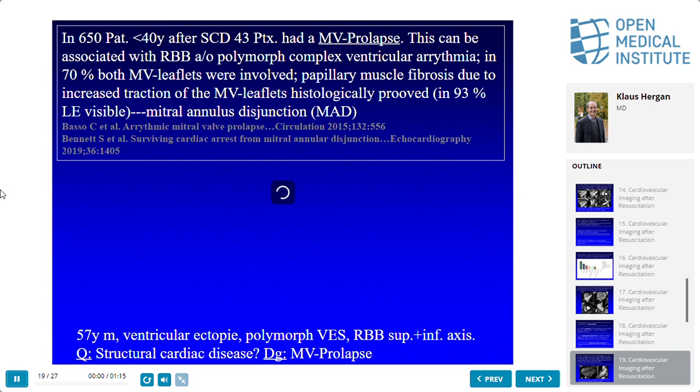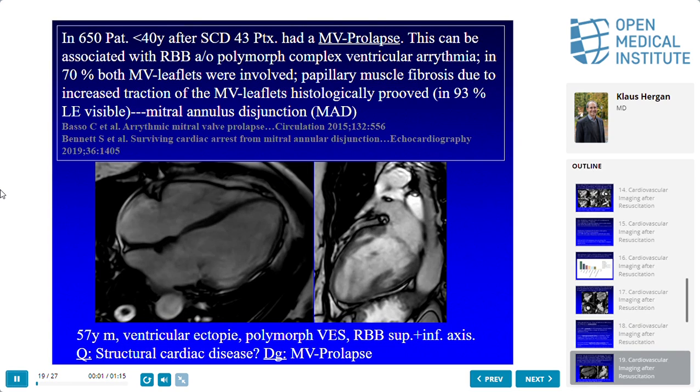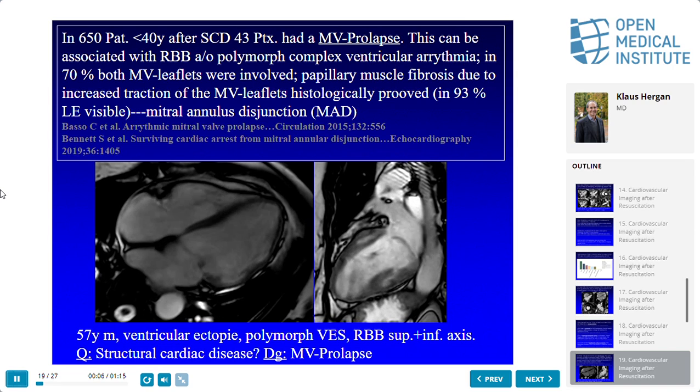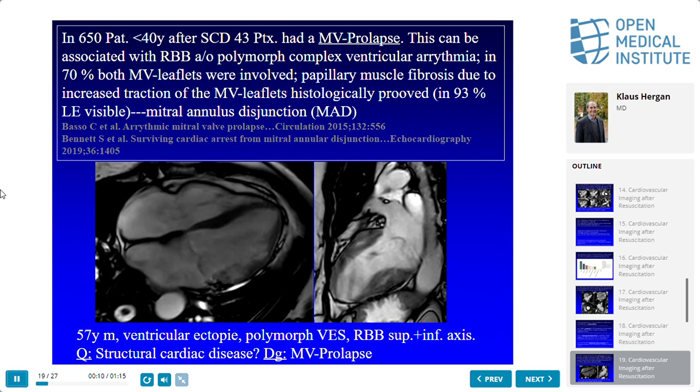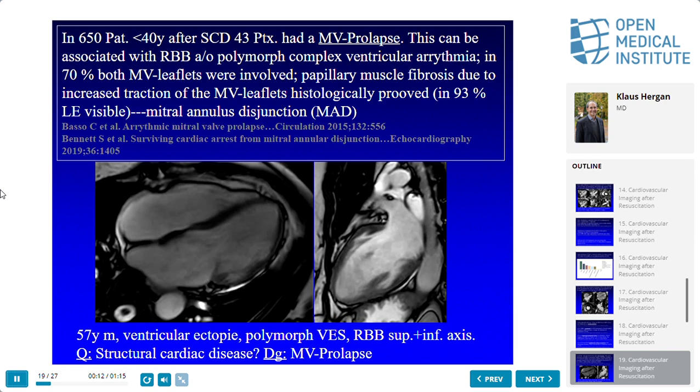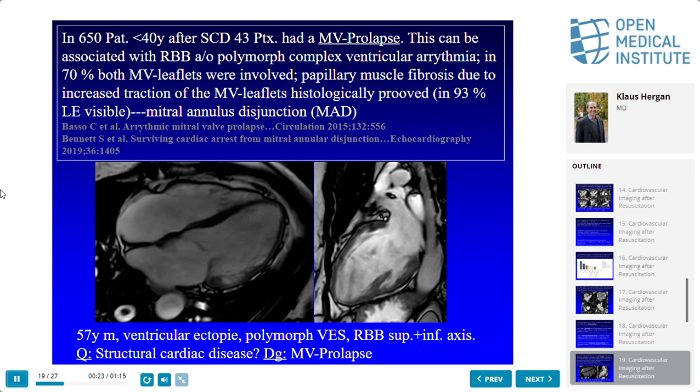In this big series of 650 patients with a younger age group, less than 40 years old, 43 patients had a mitral valve prolapse. Many people don't know that mitral valve prolapse can produce extrasystoles and complex polymorph ventricular arrhythmia.